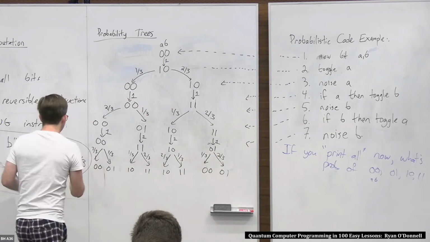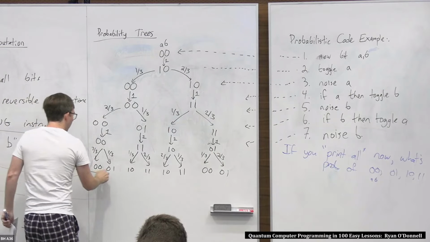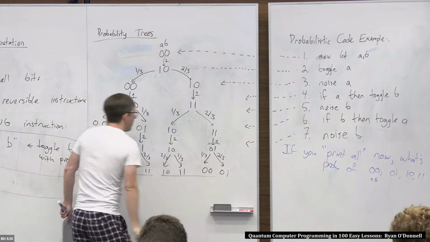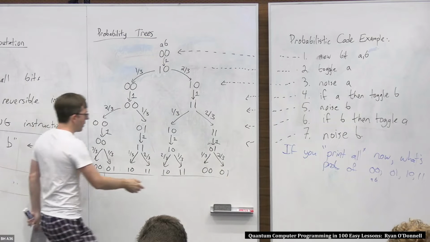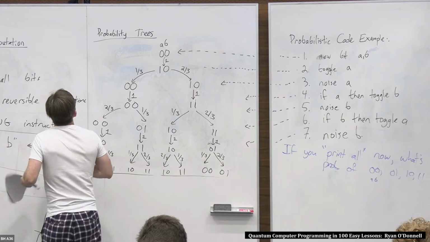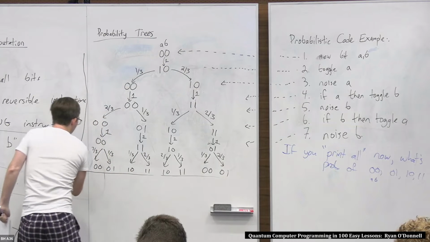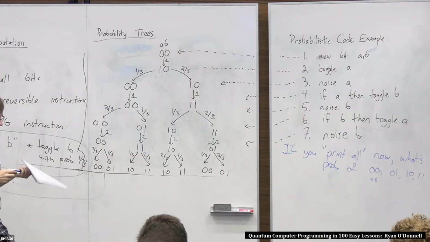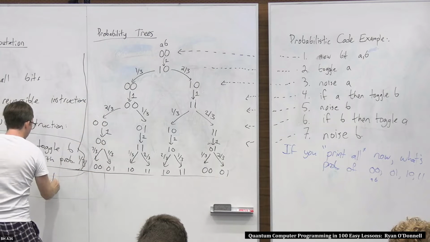Okay, so that's the last instruction. Now I'm going to write something down here. These are all the possibilities, all the worlds that could have happened. But I want to write at the bottom what I'll call the probability outcomes, which is the probability of each of the possible traces.